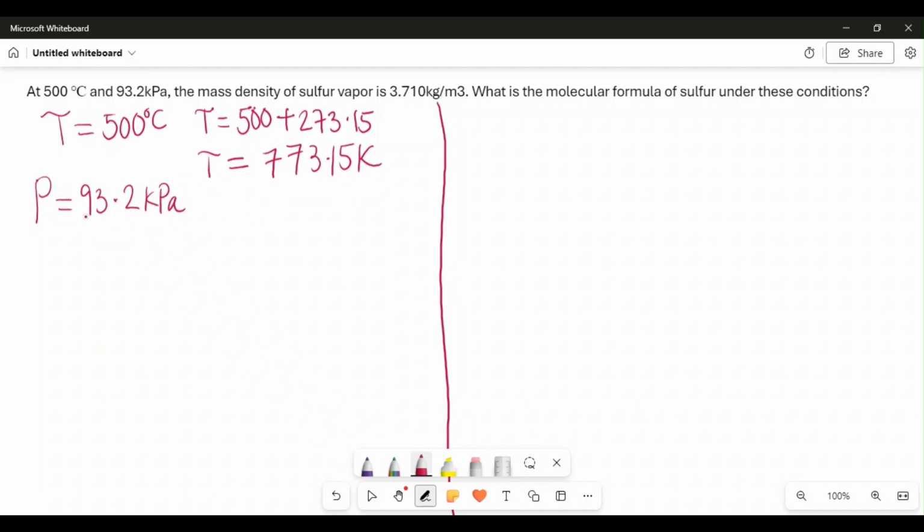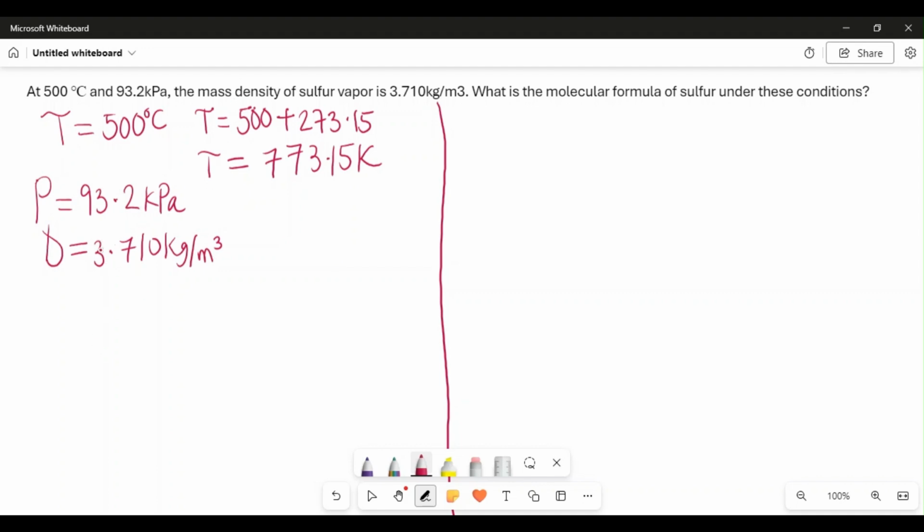And we're also given mass density, which is just simply density, to be 3.710 kilogram per meter cubed. So we're now asked to find the molecular formula of sulfur under these conditions.